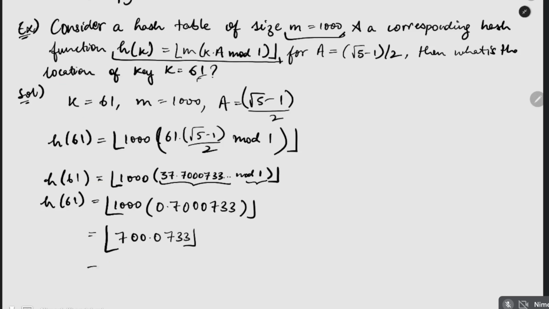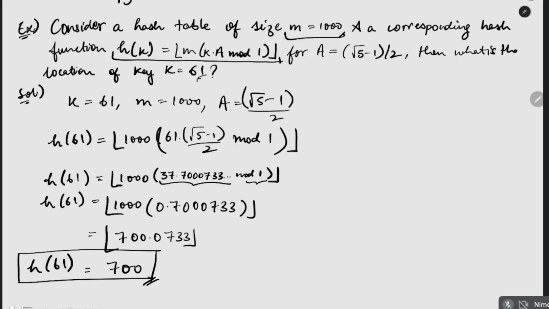And if we finally apply the floor operator, we get 700, right? So the location for key 61 is 700.